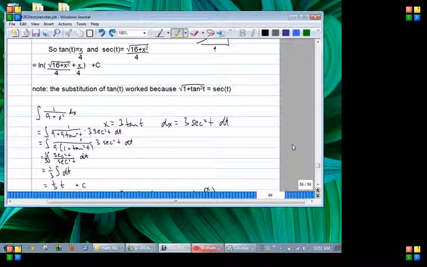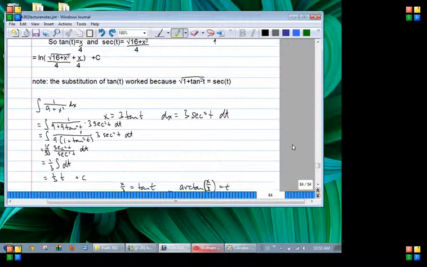We've got to put it back in terms of x. So the question is, how do we do that? In this case, you don't even need your trig triangle. You can simply say that since x was 3 tan t, then x over 3 is tan t.